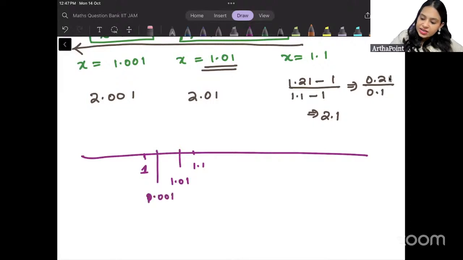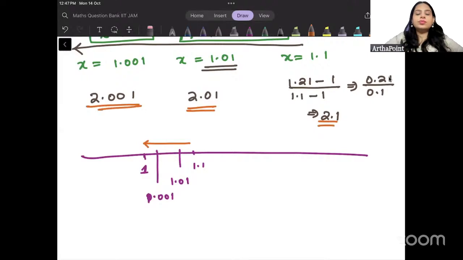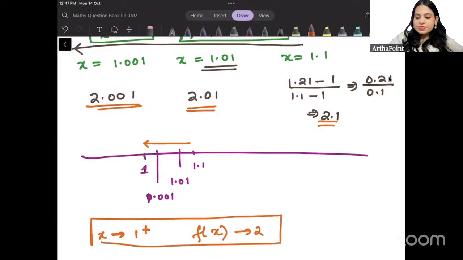So as I approach 1, the value of the function is becoming closer and closer to 2. So when I am approaching 1 by taking all values greater than 1, the value of the function is approaching 2. This is my right hand limit because I have taken all values greater than 1, but reaching values closer and closer to 1.